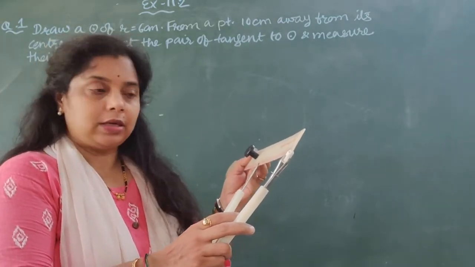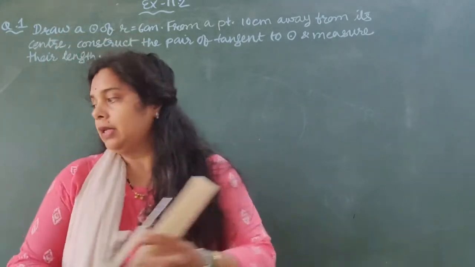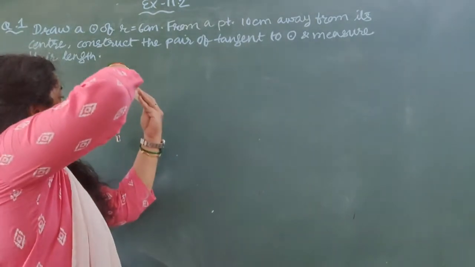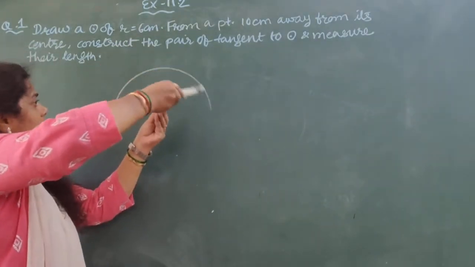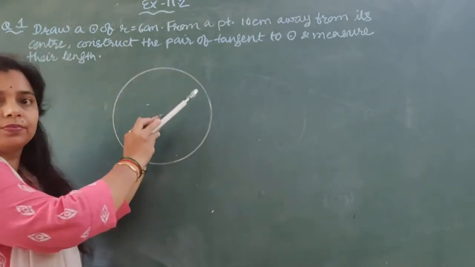Okay, take a radius of 6 centimeter. Now draw a circle of, first of all, 6 centimeter.